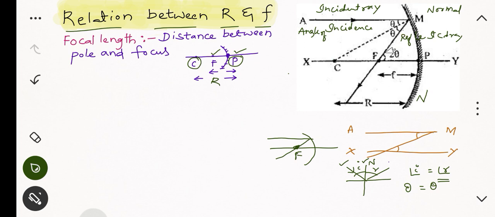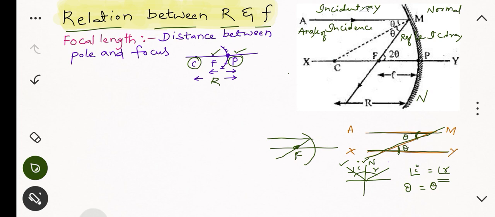So the reflected ray is passing through the focus, and we have to know here that whenever there are parallel rays and another ray cutting these two parallel rays, then the interior opposite angles must be equal. So here the angle is theta, then here the angle must be theta.